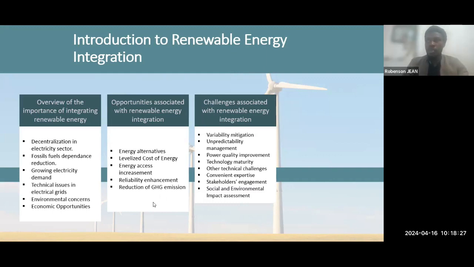It can be cloudy due to some climate condition, things like that. But this happens also in wind. The wind speed is not constant. For instance, at one second, we can have a wind speed like 11 meters per second, but the next instant it will drop to 7 meters per second.